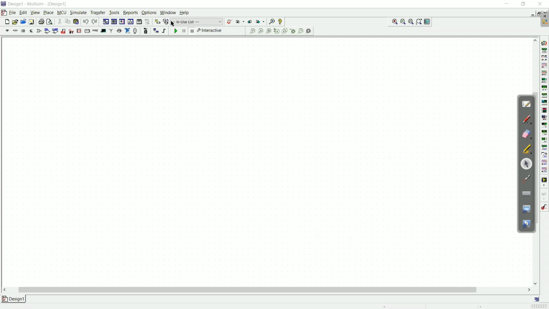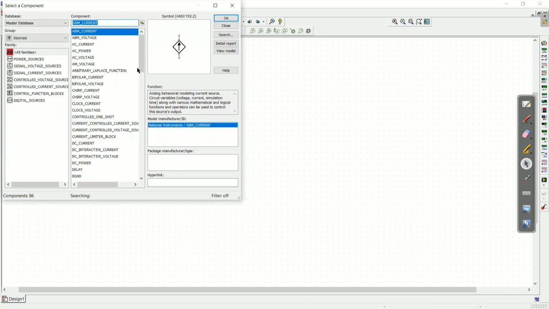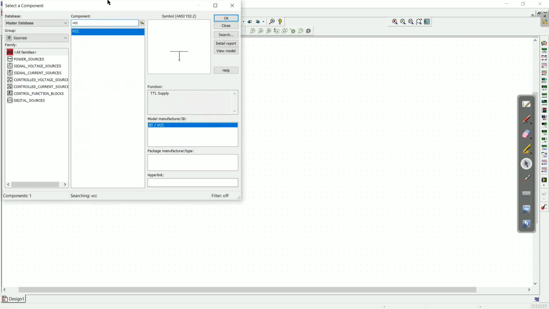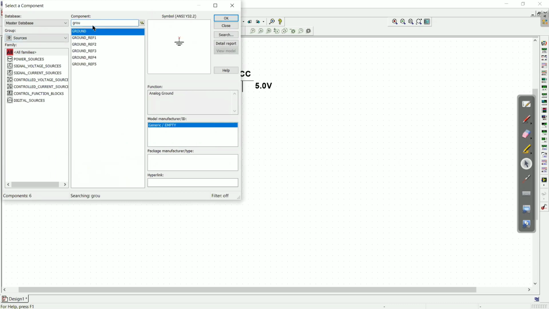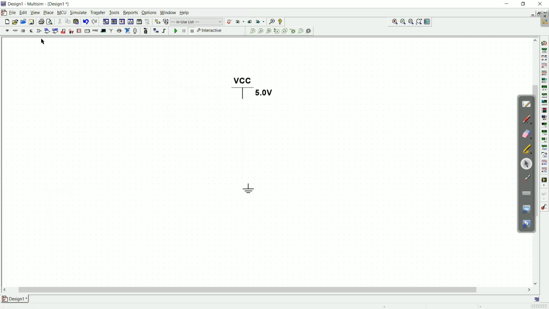We can get the components from the left corner. Let's first take the source, the first thing in the left corner. We need VCC. Then ground. Next, we need resistors.